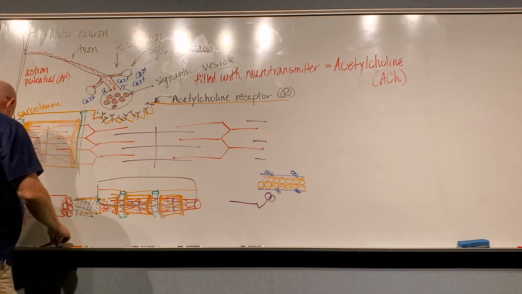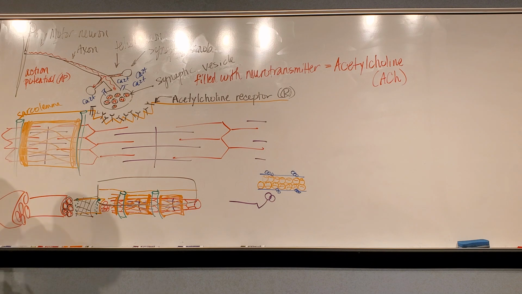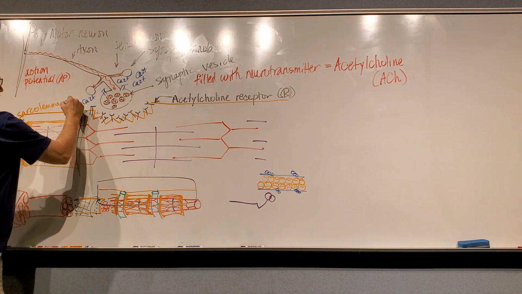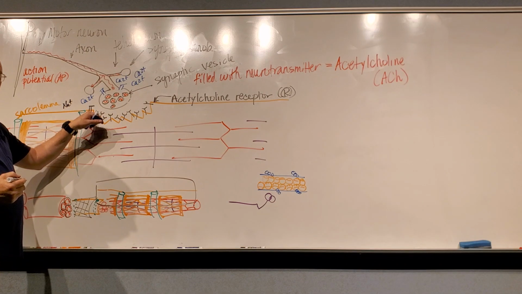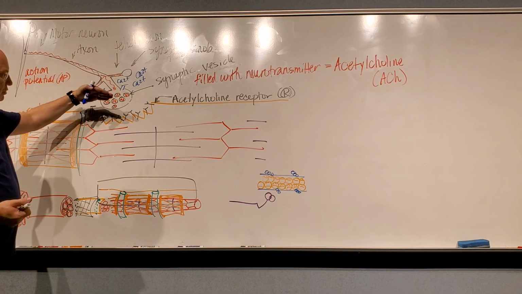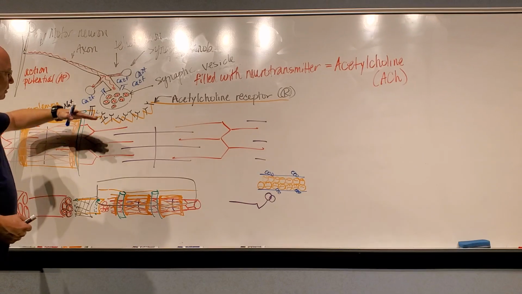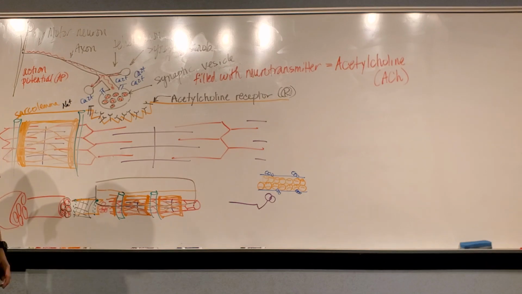And so there's another protein here that's a sodium ion channel, and again, there's even more sodium outside the cell as well. Each acetylcholine receptor is attached to a sodium ion channel. When I bind acetylcholine to the acetylcholine receptor, the ion channel will open and sodium will diffuse into the skeletal muscle cell.